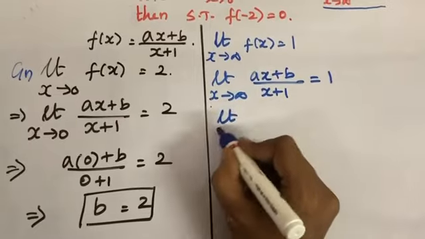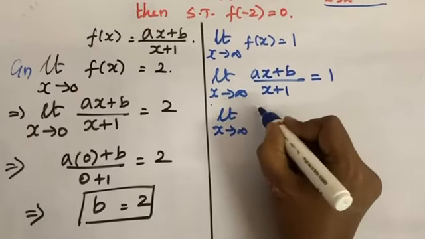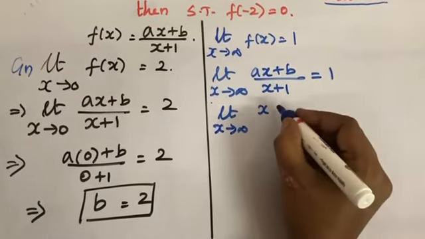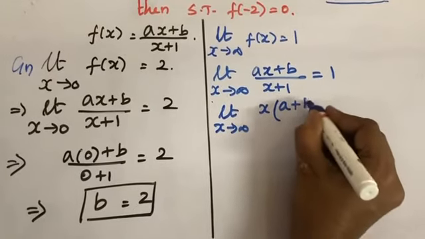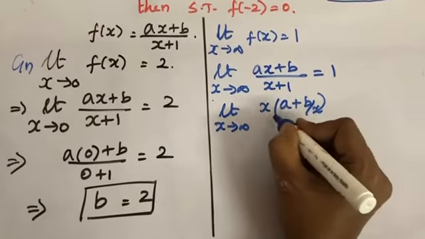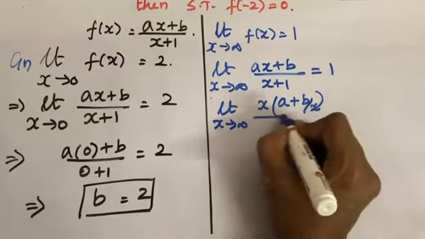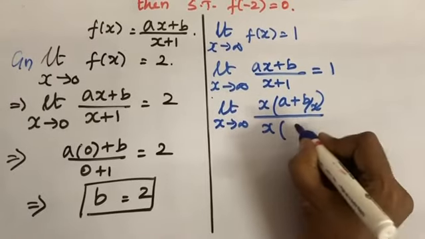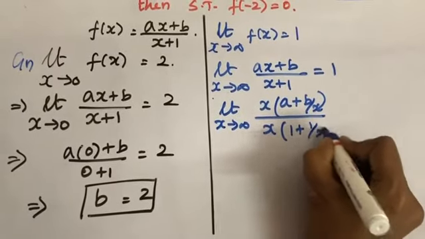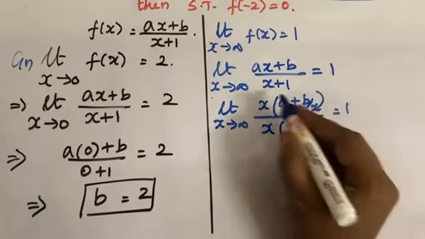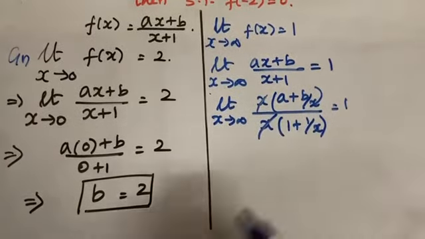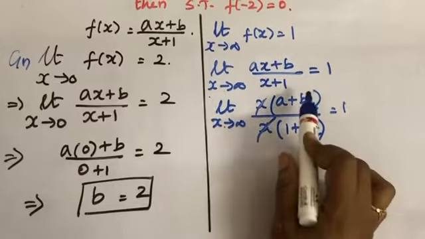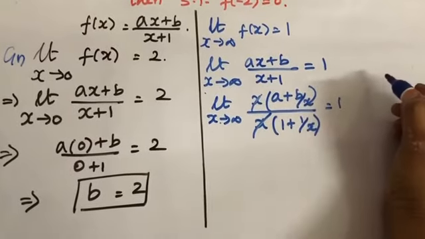So I have to take x common in the numerator, x into a plus b by x. Similarly, in the denominator, x into 1 plus 1 by x. That is equal to 1. x and x will get cancelled while applying the limit.